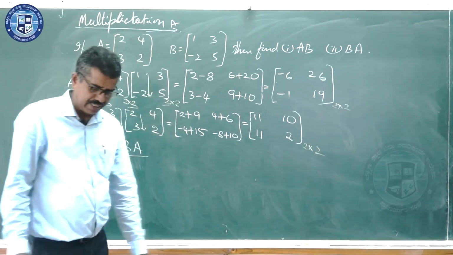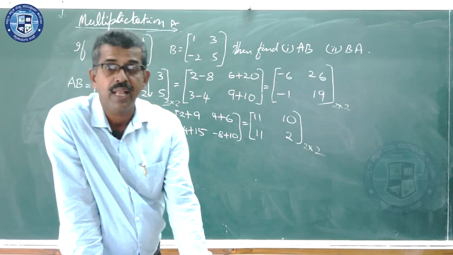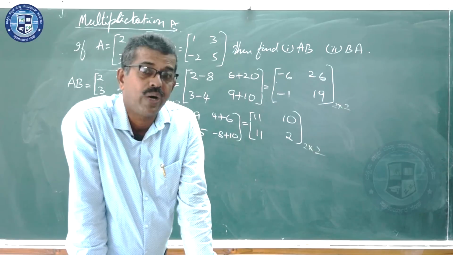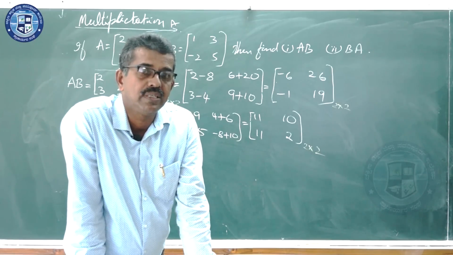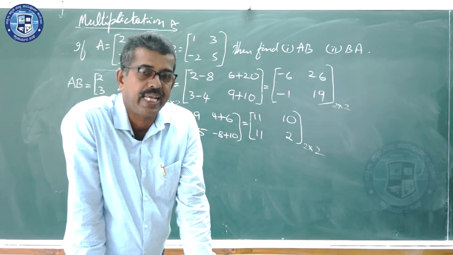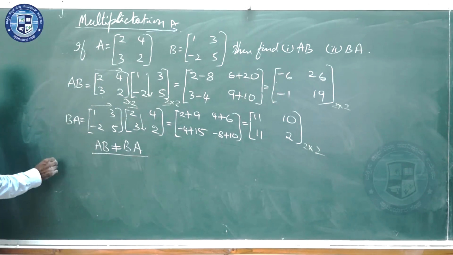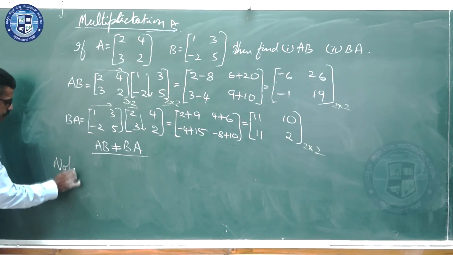But I'll give you one idea of when matrix multiplication can be commutative. Only in one case, that is a square matrix which is diagonal. In the case of diagonal matrices, matrix multiplication becomes commutative in the set of diagonal matrices.